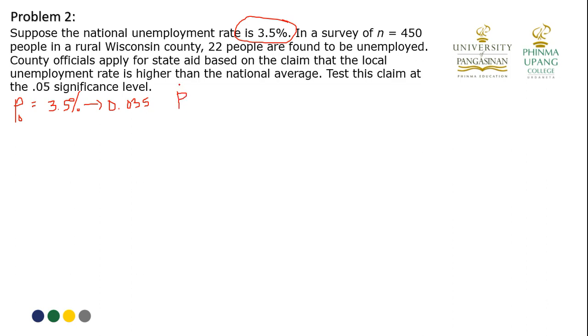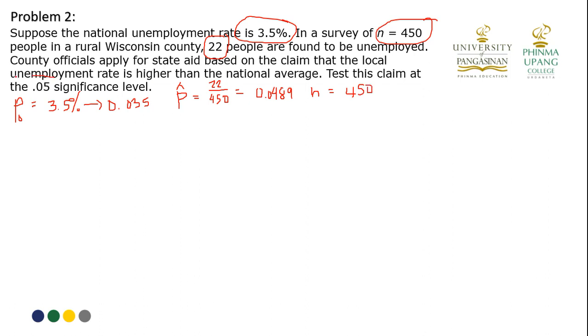Tapos, yung P hat natin dyan, kunin mo lang yung 22 all over kung ilan yung N. Yan, 450. So, what is the 4 decimal places of 22 divided by 450? Sir, 0.0489. Yan. So, yung N natin binigay na 450.